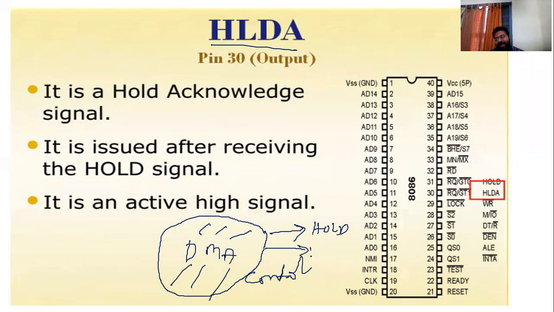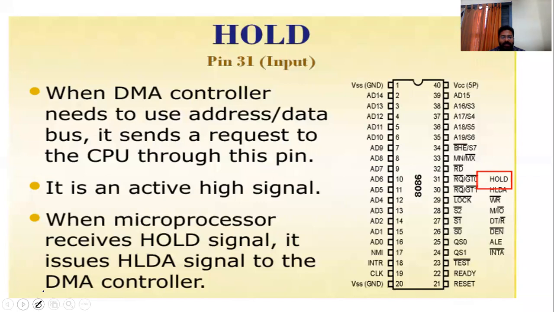At that time it acknowledges with HLDA, which indicates the hold acknowledgement signal. Hold and hold acknowledgement signals are mainly used for the DMA, direct memory access controller.